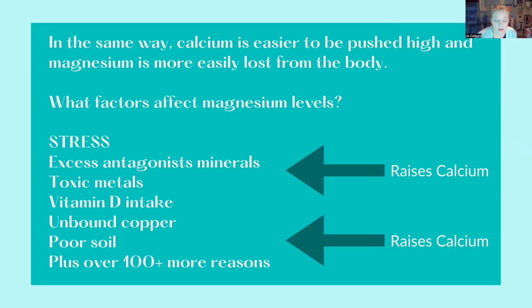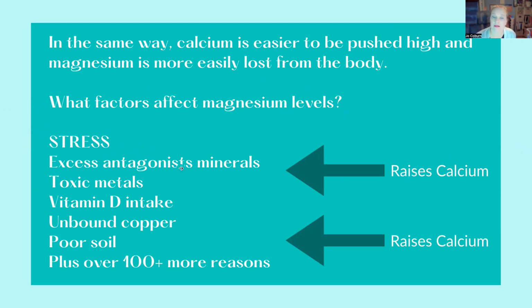We can accumulate a lot of calcium in the body, and magnesium is way easier to be lost from the body. There are a lot of different things that can affect a magnesium level. Stress is going to burn through magnesium, and when stress happens and you lose magnesium, you're going to raise calcium.